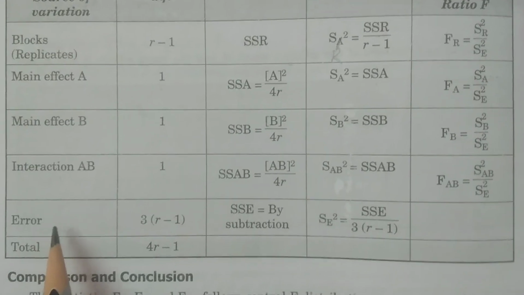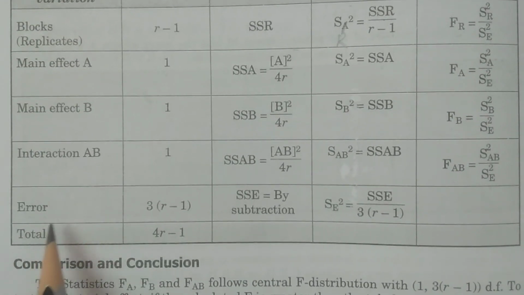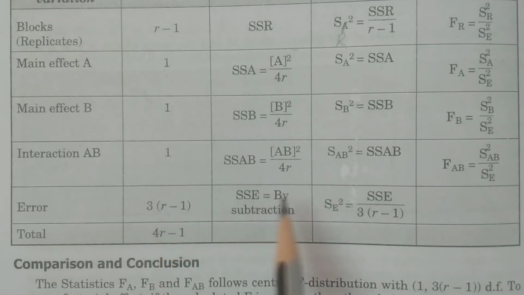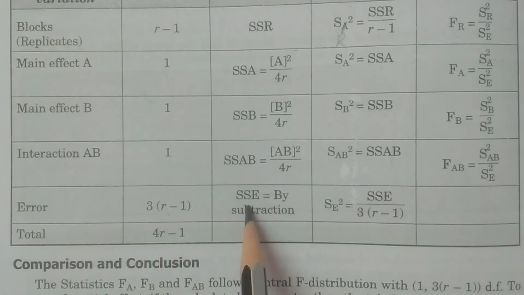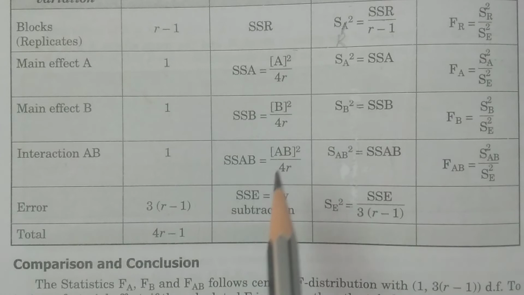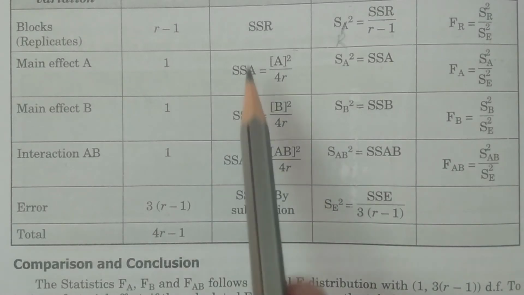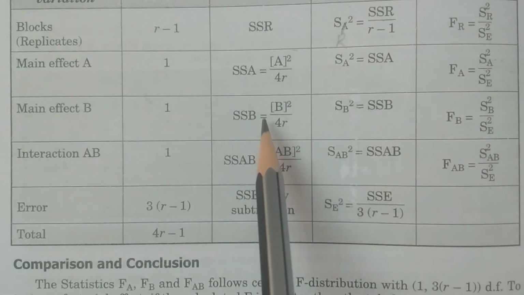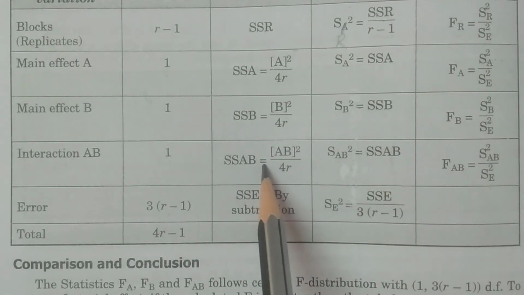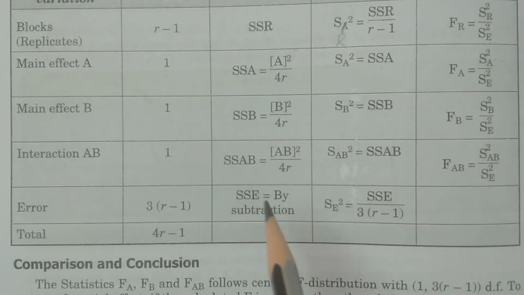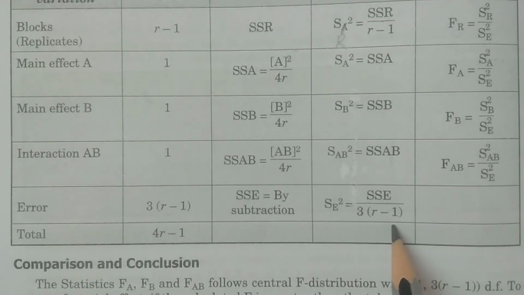Next, another important one, error. Error has degrees of freedom 3 into R minus 1. The sum of the squares SSE is calculated by simple subtraction: total sum of squares minus SSR minus SSA minus SSB minus SSAB. The mean sum of squares S square E is equal to SSE by 3 into R minus 1.